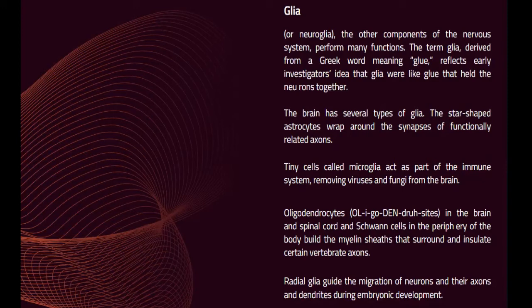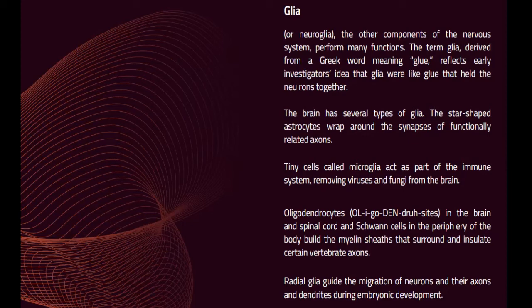The star-shaped astrocytes wrap around the synapses of functionally related axons. Tiny cells called microglia act as part of the immune system, removing viruses and fungi from the brain. They proliferate after brain damage, removing dead or damaged neurons.